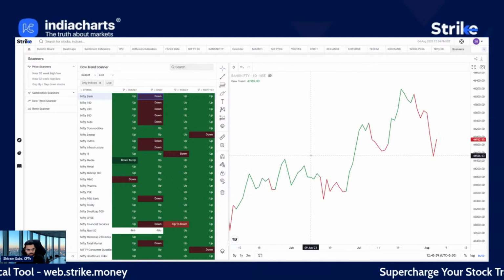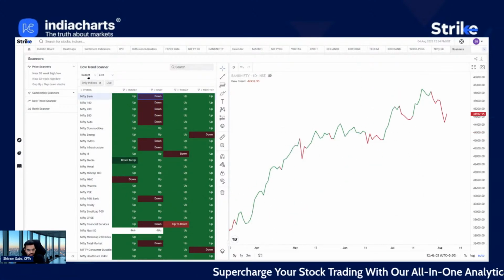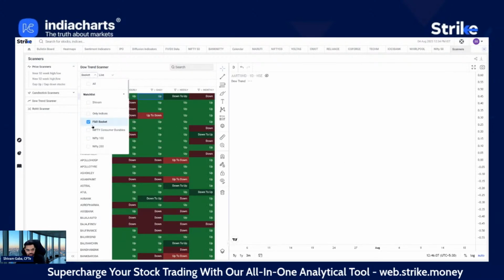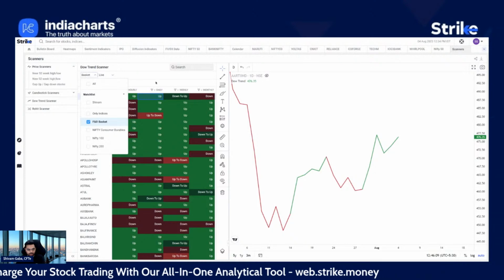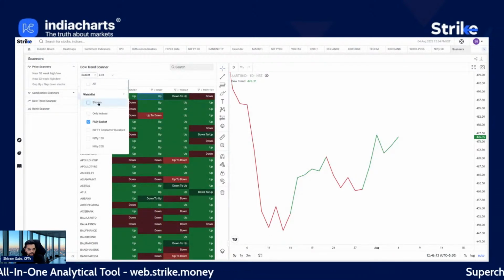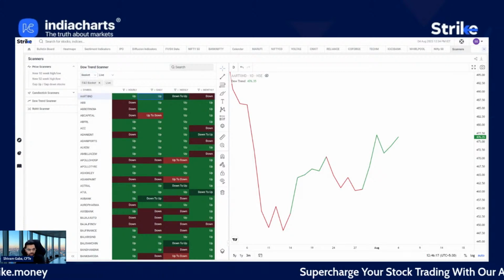For example, right now you can see Bank Nifty on my screen, and if you want only your F&O stocks, then you can click on the F&O basket, and only F&O scripts will come. And if you click on your watchlist name, only your watchlist will come. So right now I've clicked on the F&O basket.